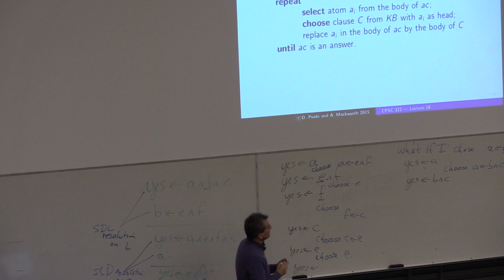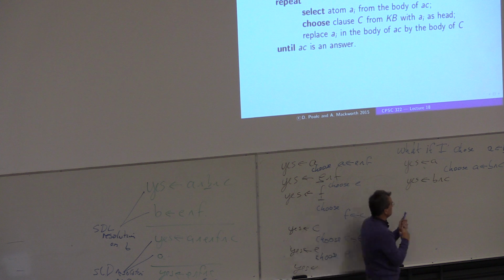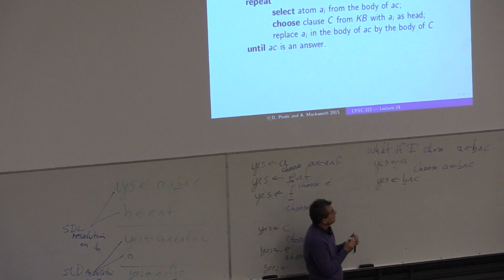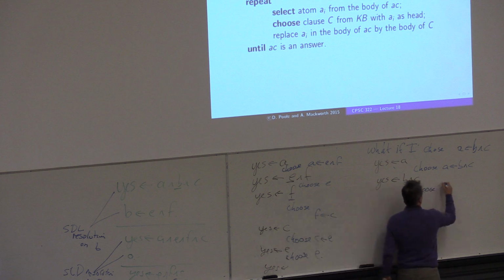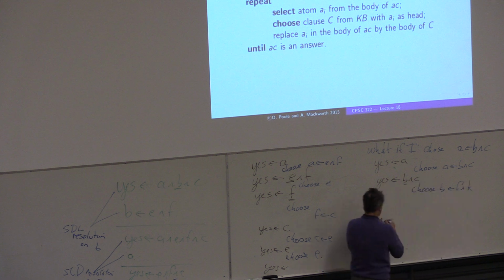Now what happens here? Let's select this one. Choose B if F and K. So then what do I end up with?